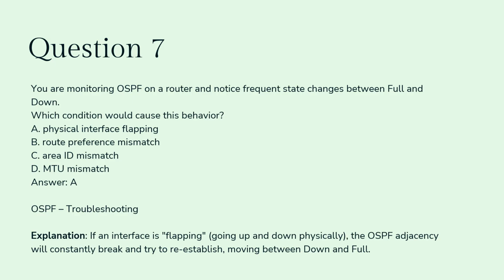D. MTU mismatch. Answer: A. OSPF. Troubleshooting. Explanation: if an interface is flapping, going up and down physically, the OSPF adjacency will constantly break and try to re-establish, moving between down and full.